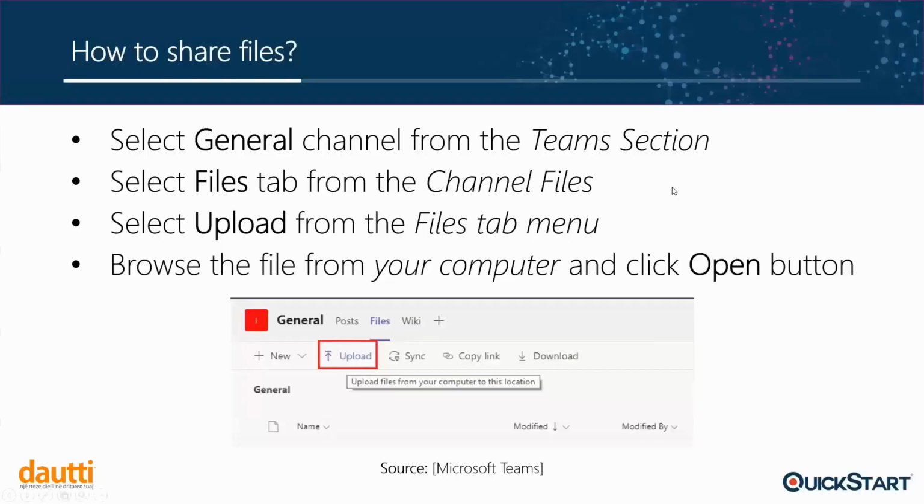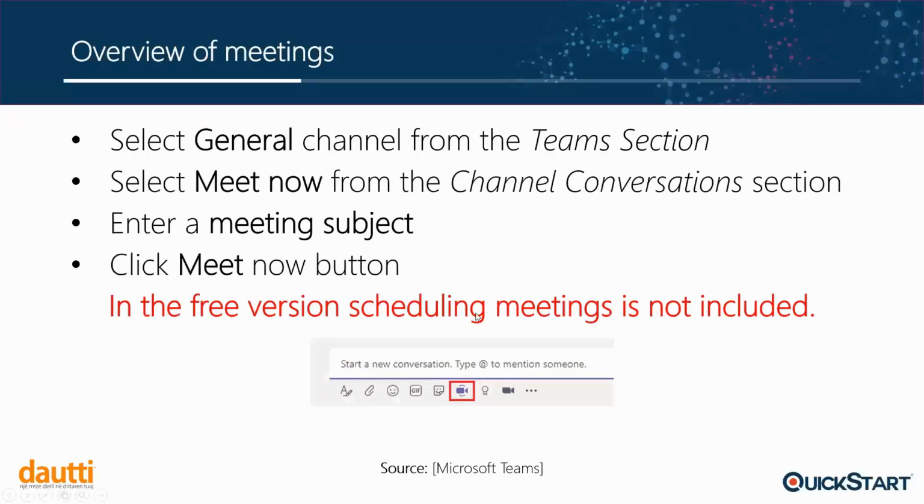Now, what else do we have? Overview of the meetings. Before we repeat what we've covered regarding the meetings, in the free version, scheduling meetings is not included. Scheduling meetings is included in the purchase plans, Office 365, whether basic, business standard or enterprise, depending on which one we choose.